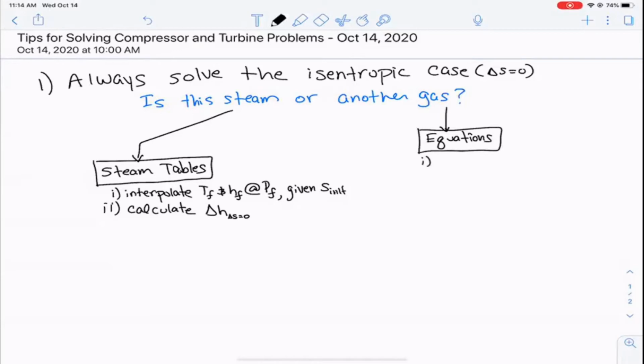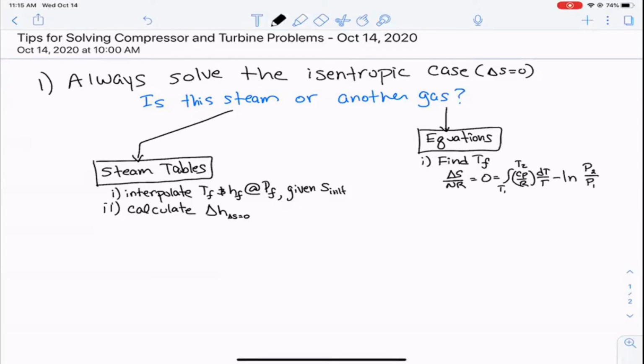The first step is that we've been finding the final temperature for the isentropic case from our entropy equation, where we know delta S over NR is equal to 0, which is equal to the integral from the initial temperature to the final temperature of Cp over R dT over T minus the natural log of the final pressure over the initial pressure.